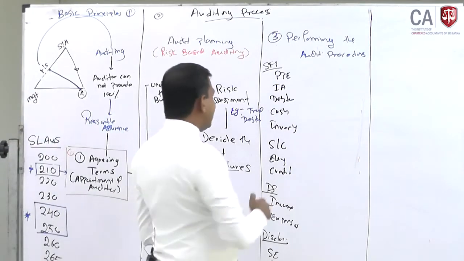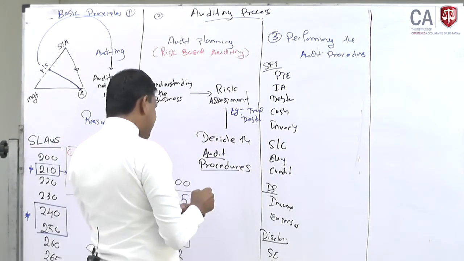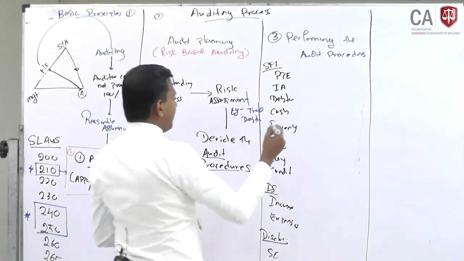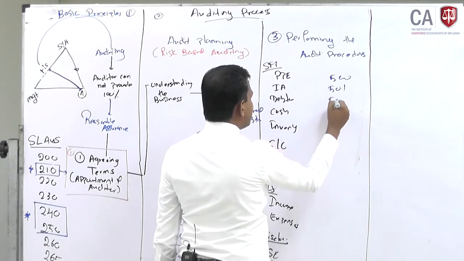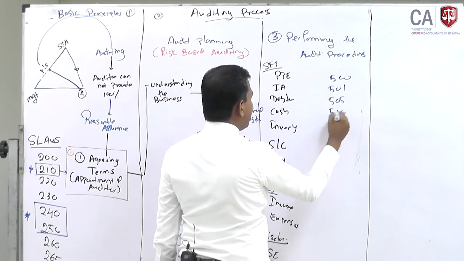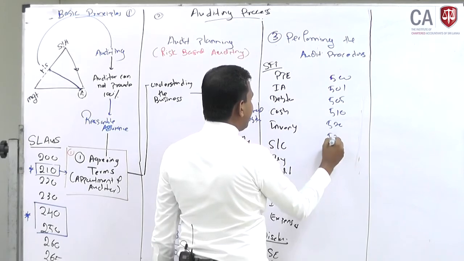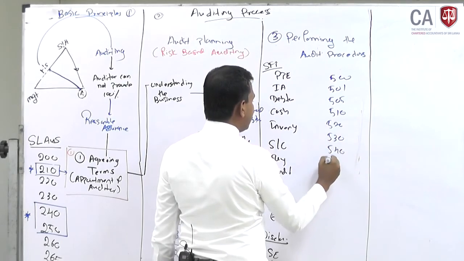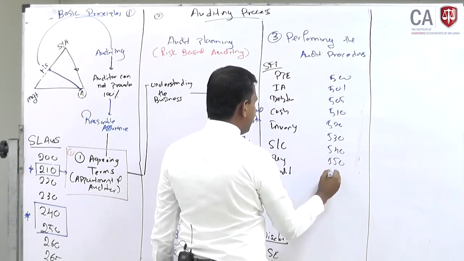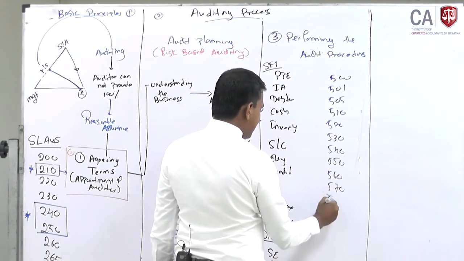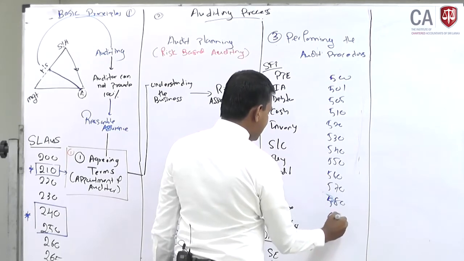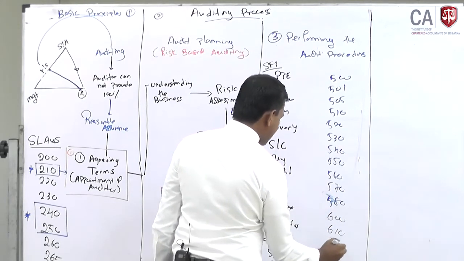Then if you look at the relevant applicable standards, these are the applicable standards: 500, 501, 505, 510, 520, 530, 540, 550, 560, 570, 580, 600, 610, 620.